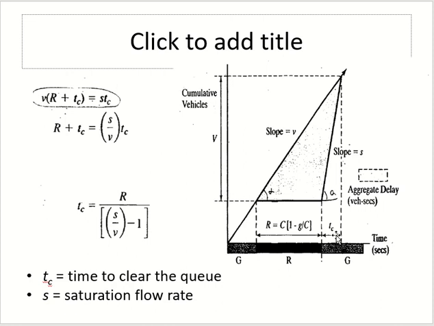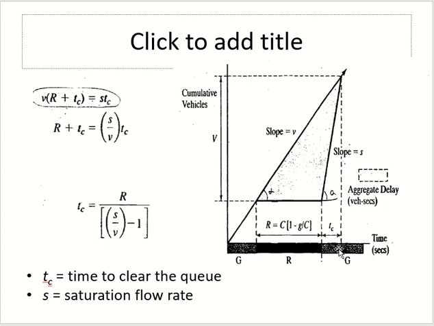Clear? Okay. I want to calculate how many vehicles are in the queue. I know the time now, which is red and TC. I have two lines, right? Arrival and departure. I can use any one of them. If I use arrival, the slope of this line is V, multiplied by what time?